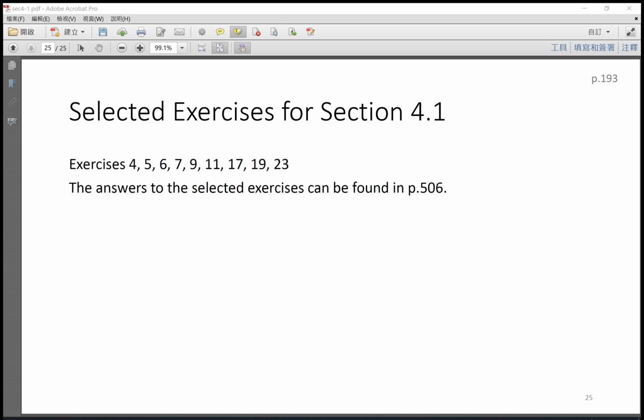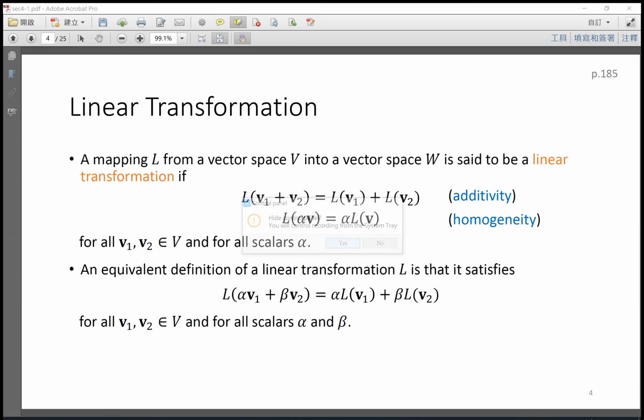We have finished section 4.1, and I have selected some exercises for you to practice. The answers to the selected exercises can be found on page 506 of the textbook. In this section, we have learned the definition of a linear transformation and many related examples.